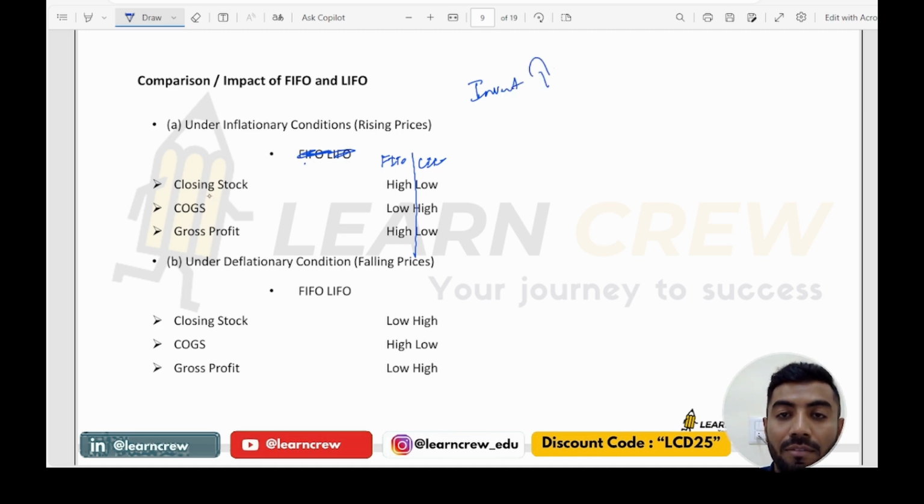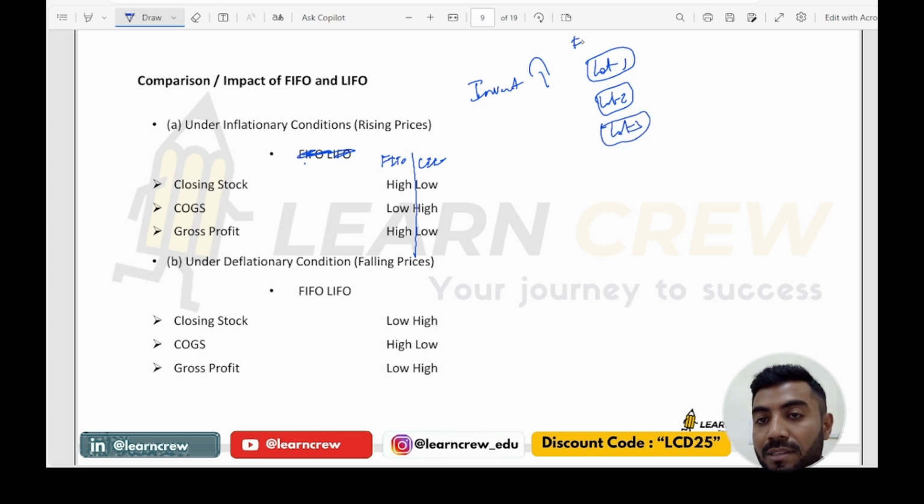Under the FIFO method, the closing stock will have a high value. Why? Since we discussed lot 1, lot 2, and lot 3, three lots we have. In the FIFO method, you will be selling the first lot first, then the third lot will be sold last. So this will be remaining in the closing stock at a recent price. The recent price is increased, rising price, which means the closing stock will be high.